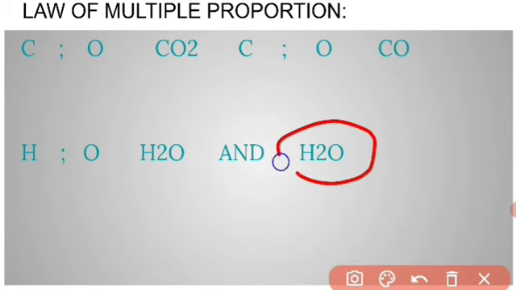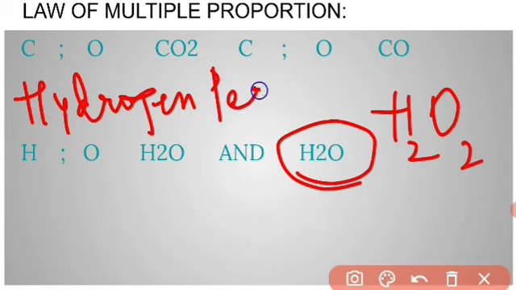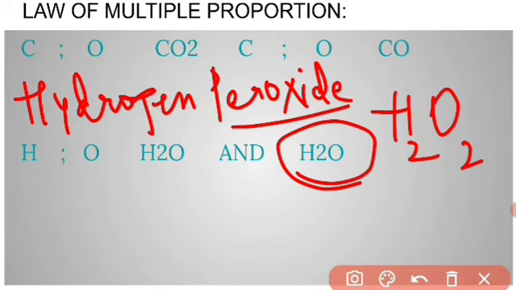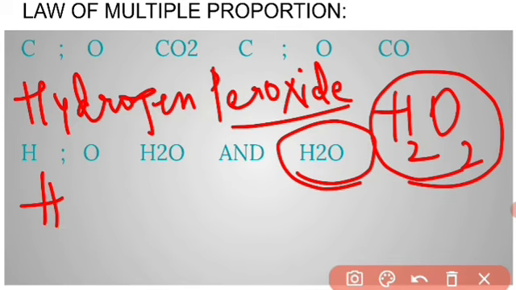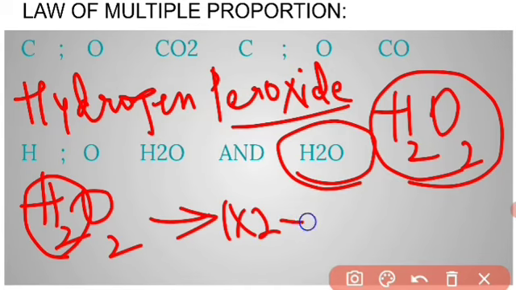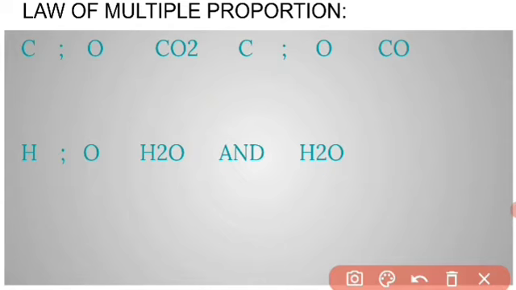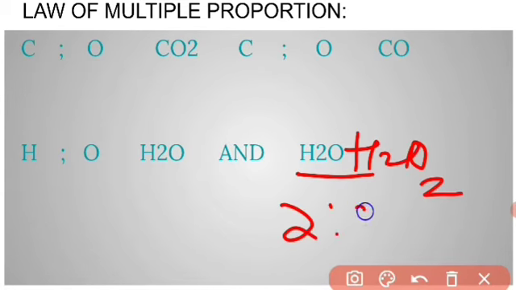Again, if you take H2O2, hydrogen peroxide, H2 is 1 into 2 plus oxygen is 16 into 2. So you will get the answer as 2 is to 32.